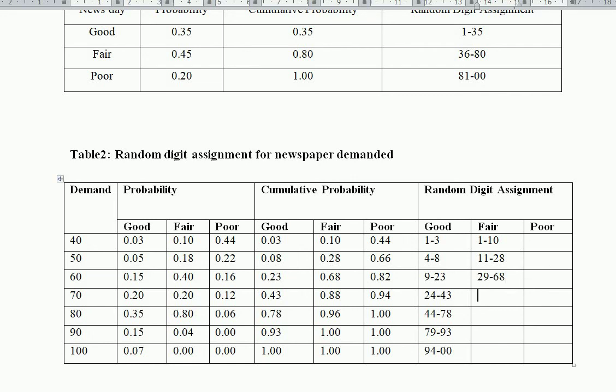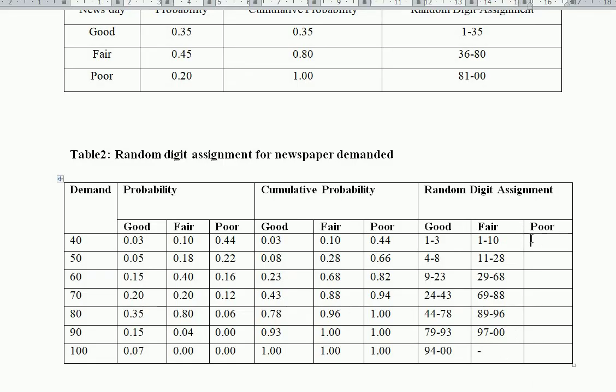Again, here 69 to 88. Again, the next range lies from 89 to 96. The next range is from 97 to 00. So this is the value we will get. Again, for the next value we won't have any values over here.